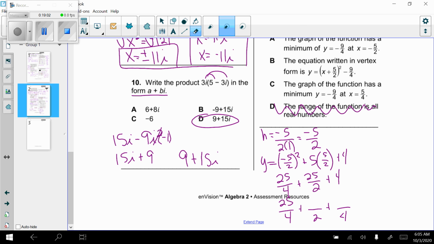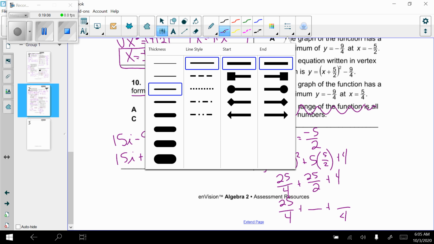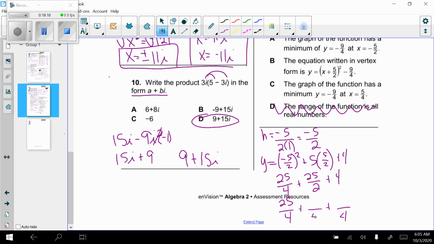I need to erase that. This one had a 2 in the denominator. I need it to be a 4, so I multiply by 2. So 2 times 2 gave me 4. I have to do that to the top. 25 times 2, 50. Oh, and I just realized that this was a -5 halves, so sorry about that.